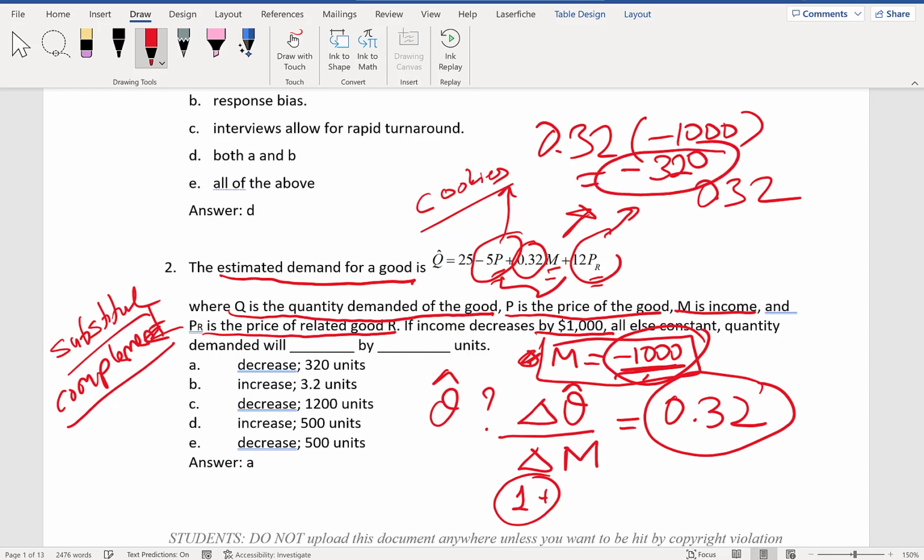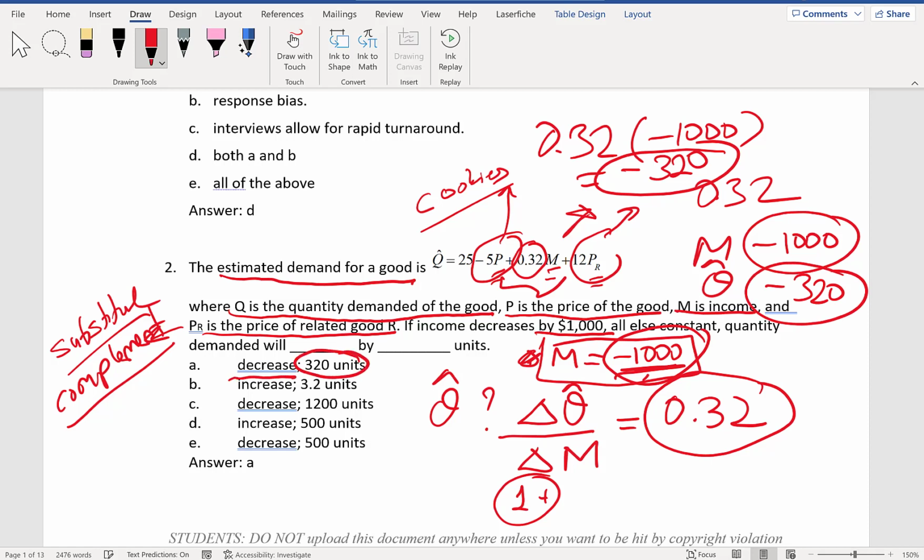So if income goes down by $1,000, its impact on quantity will be negative 320. The quantity will go down by 320, so it's going to decrease by 320 units. A is the correct answer.